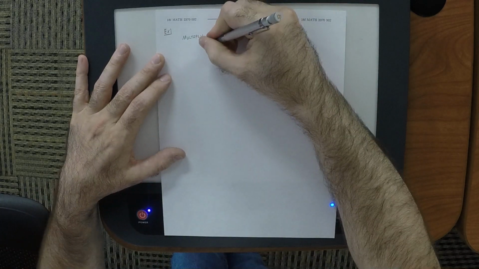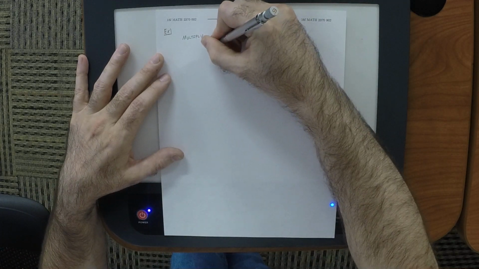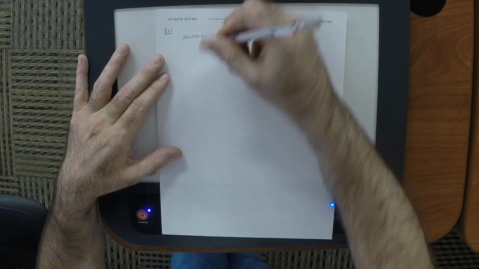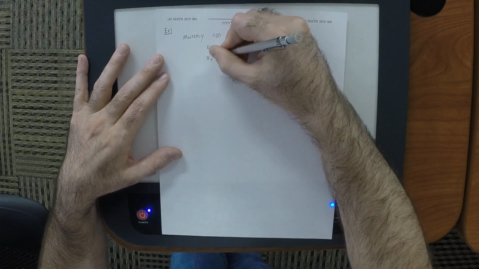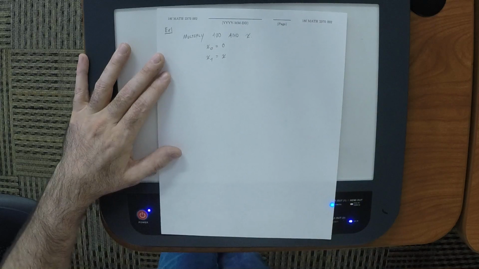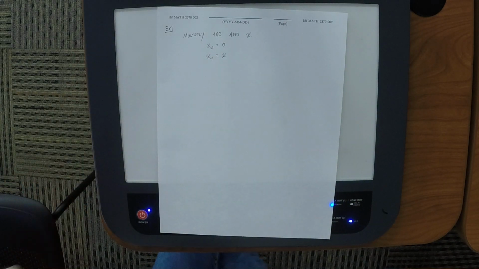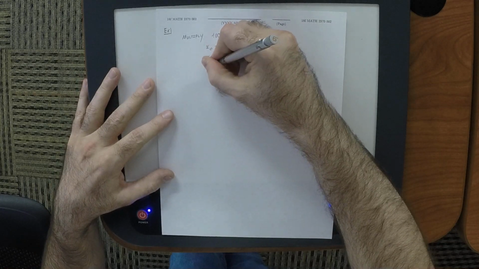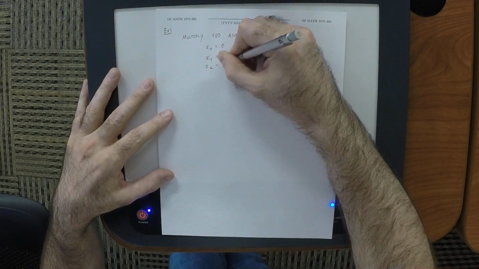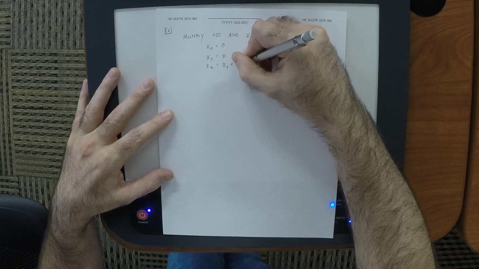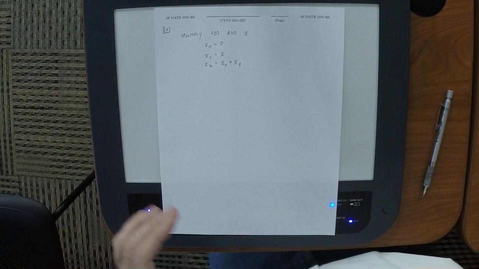You can say, well, I'll say that x0 is 0 and x1 is x. And starting from that definition, now I'm going to start defining x2, that's going to be x1 plus x1.